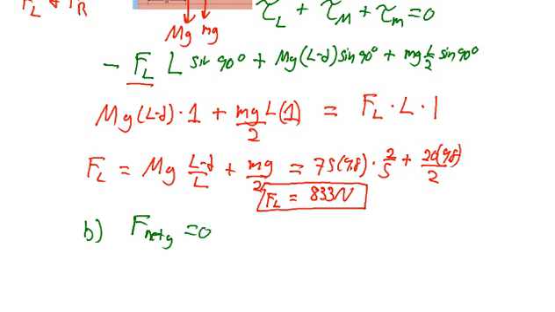So that would tell us the force of the left-hand rope minus the weight of the painter minus the weight of the platform plus the force in the right-hand rope has to be equal to 0.